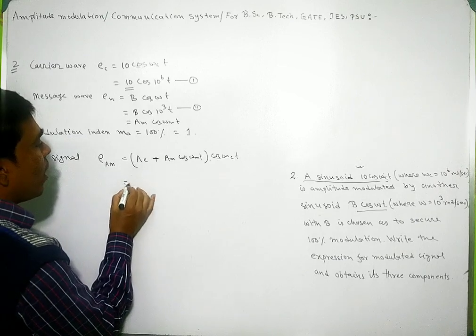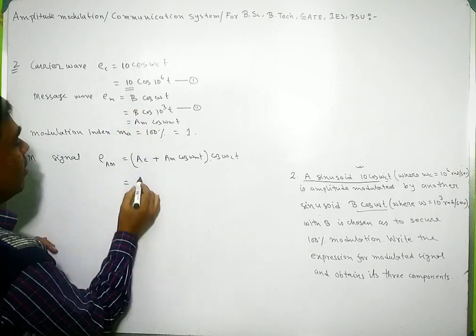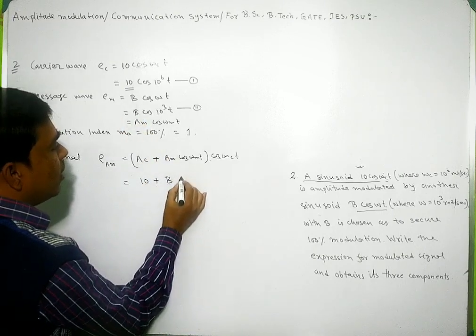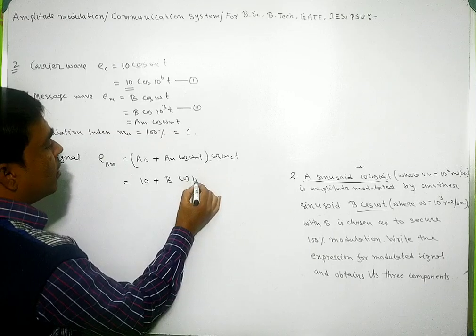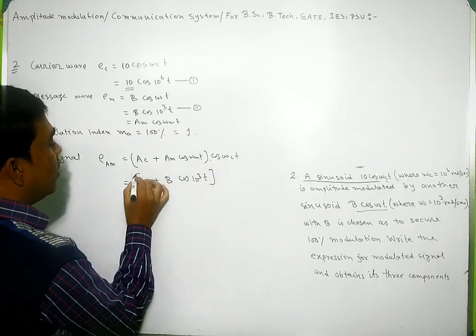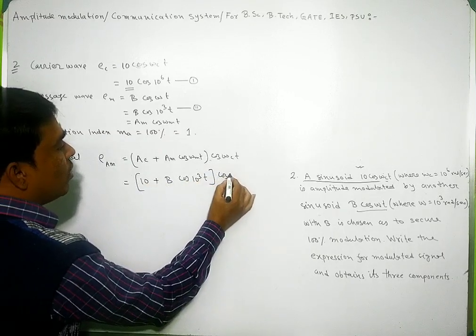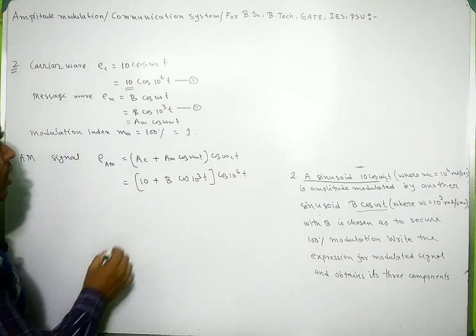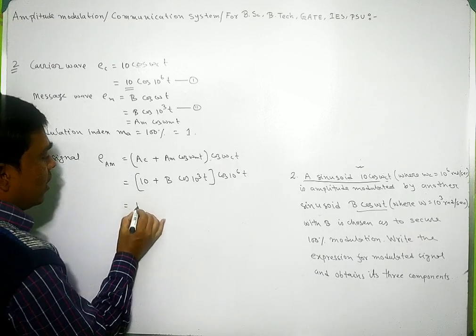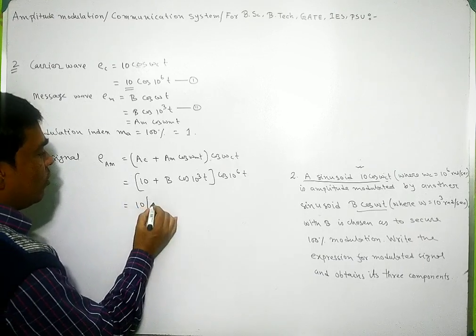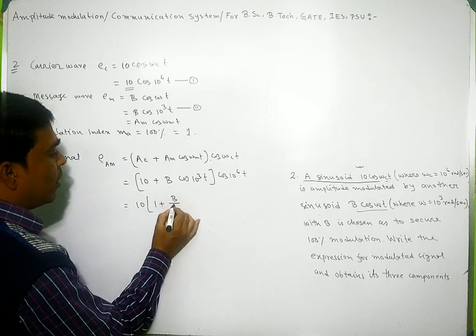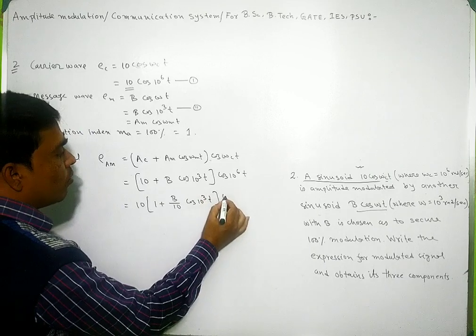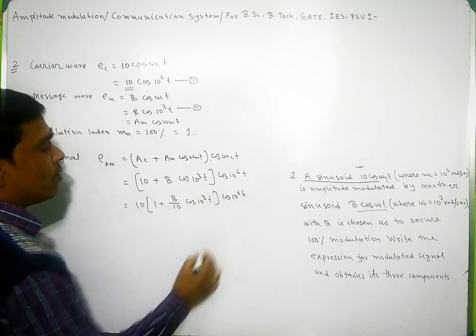Now AC is 10 plus AM is b, cos 10 to the power 3t, and cos 10 to the power 6t. Now if I take 10 as common, then it will be 1 plus b by 10 into cos 10 to the power 3t into cos 10 to the power 6t.